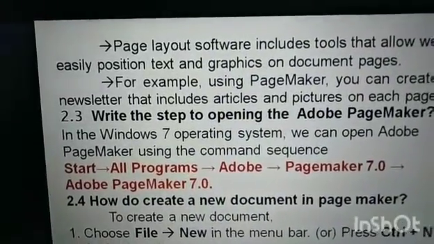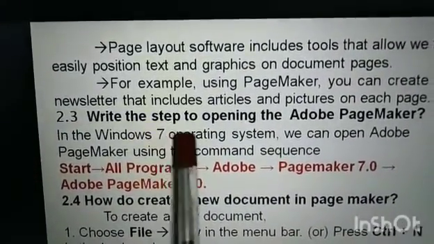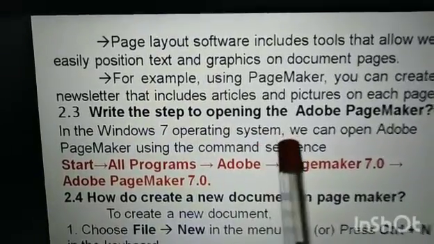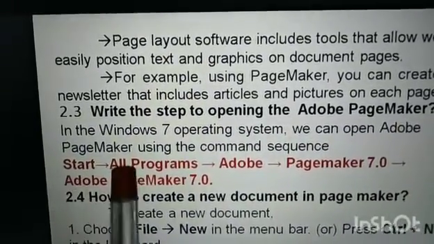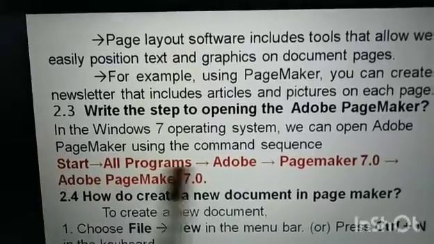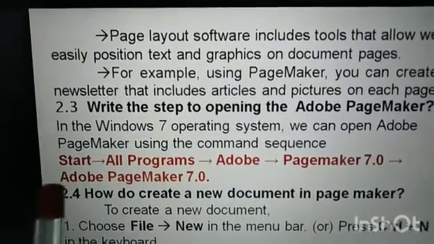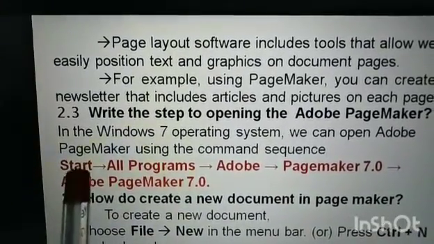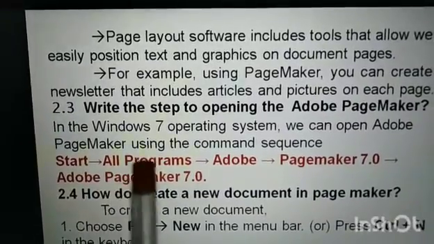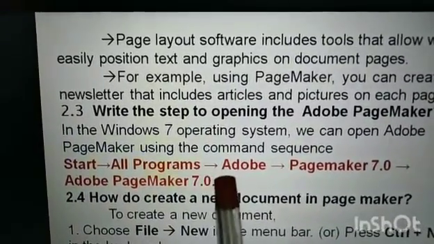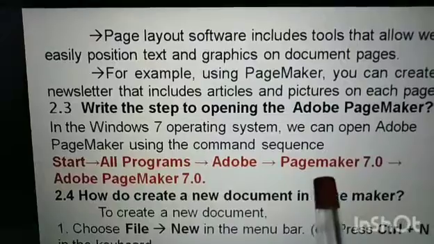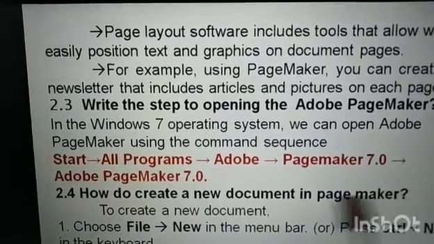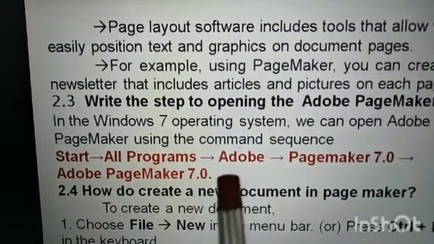So please note, if we use the Windows 7 operating system, we have to open Adobe PageMaker using the following command sequence. Click the Start button, go to All Programs, Adobe, then select PageMaker 7.0, Adobe PageMaker 7.0.